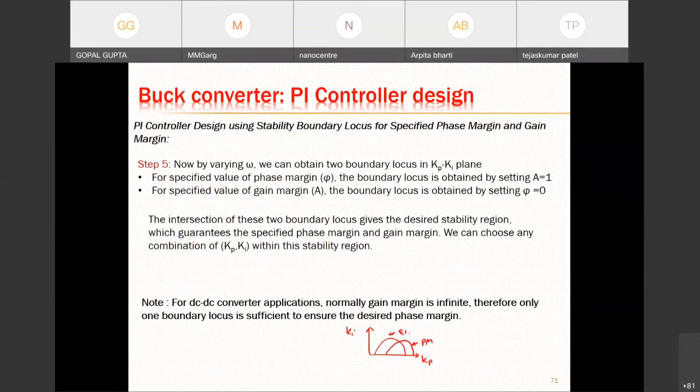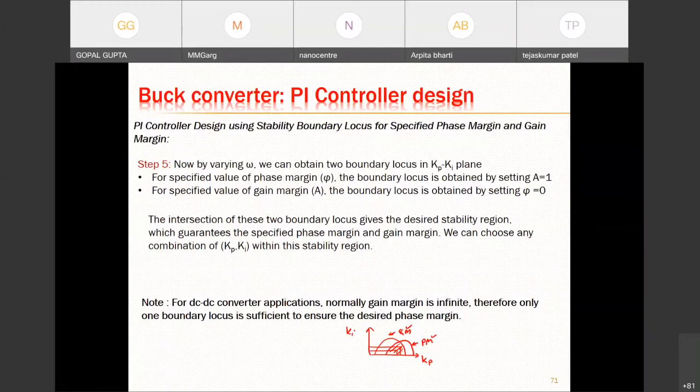So I plot for different values of omega, and I'll plot a locus like that, right? Now that is for the first, the phase margin. Similarly, I will plot a second locus for the desired gain margin over different values of omega. Let's say that is obtained in this way.